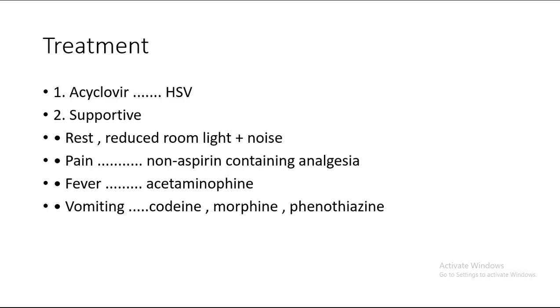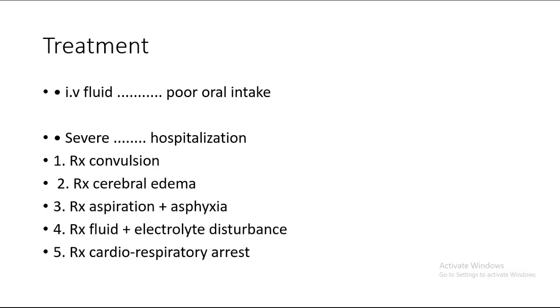Pain, we can use non-aspirin containing analgesia. Fever, use acetaminophen. Vomiting, you can use codeine, morphine, phenothiazine. Also, IV fluid, so the fluid of the body is maintained, especially if the child has poor oral intake.